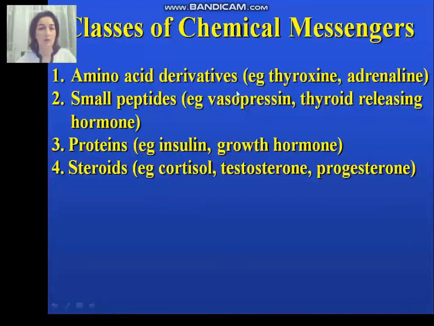For example, vasopressin, thyroid releasing hormone, and other hormones of the pituitary gland. Then we have proteins, for example insulin and growth hormone. We have steroids, which are produced from cholesterol, and they are cortisol, the hormones of the suprarenal cortex, then sexual hormones like testosterone, progesterone, and estrogens.